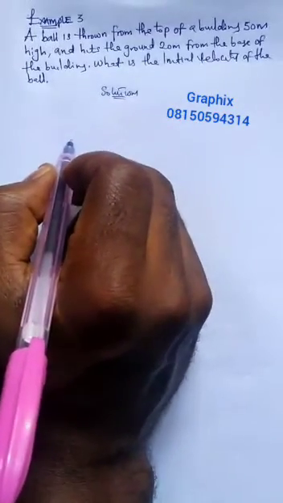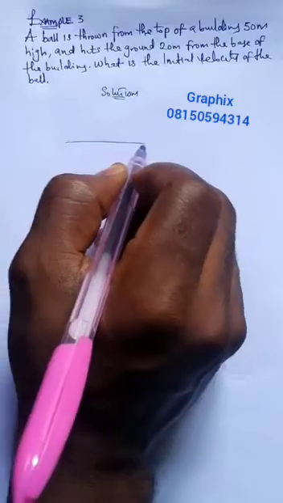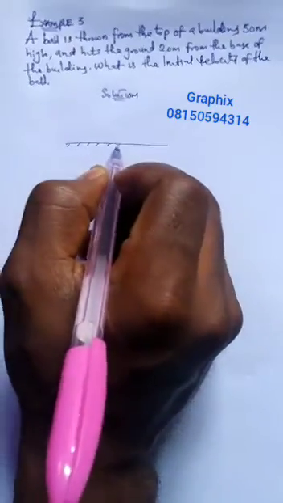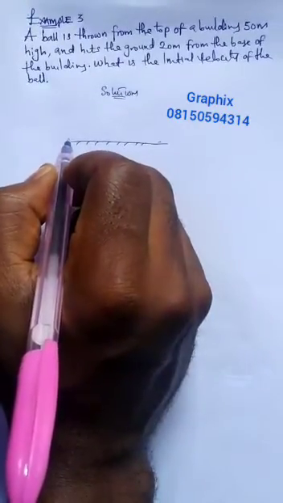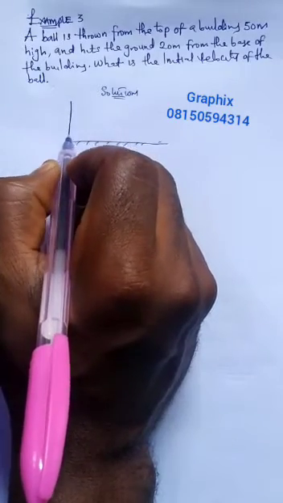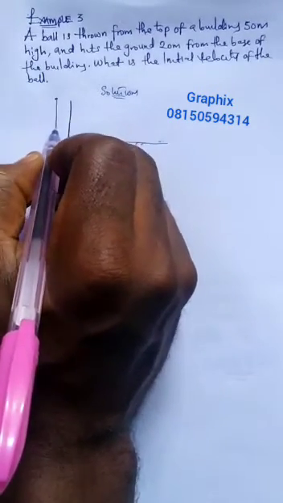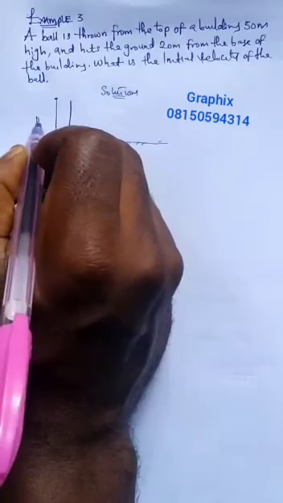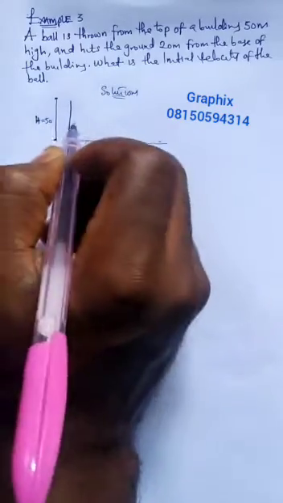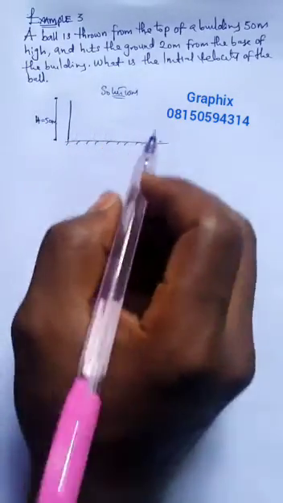Let's assume this is our horizontal ground, right? Now, there's a building that is erected on the ground, and the height of the building is given to be 50 meter. Are we good?